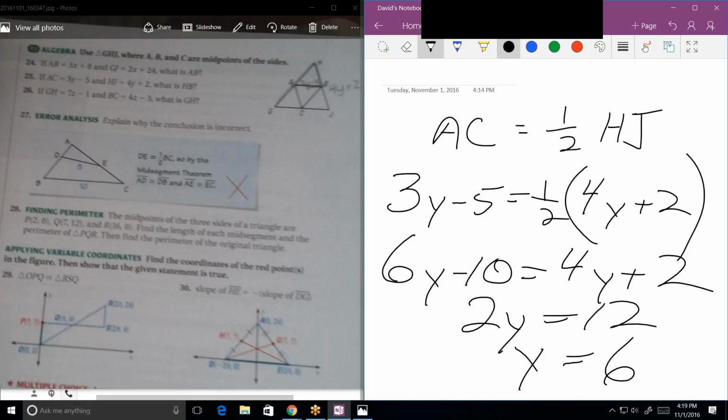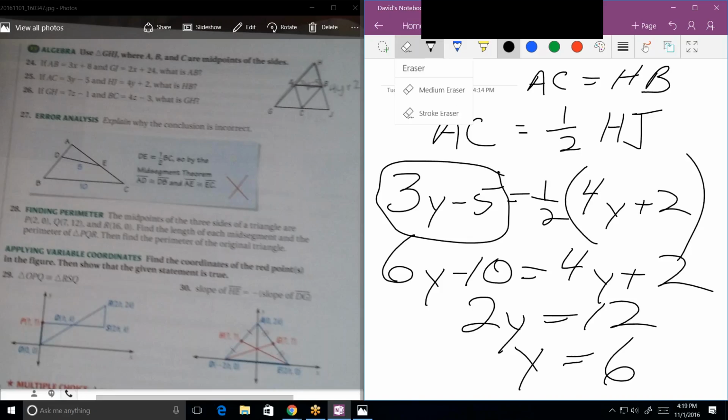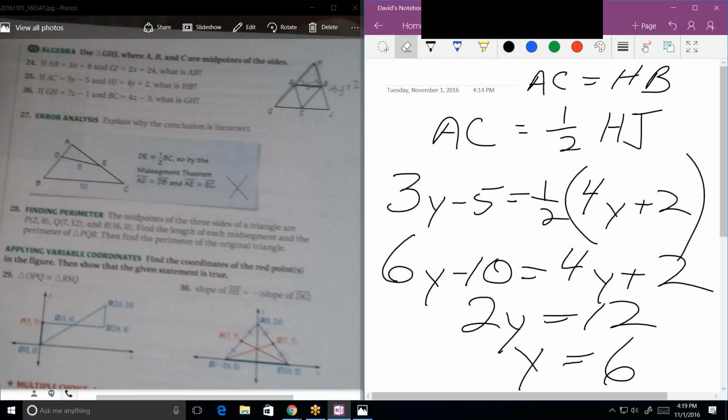Even if, in other words, if I start off saying AC equals HB, I don't really have any place to go, do I? In other words, I can plug in 3y minus 5 for AC, but that doesn't solve for anything. So I kind of have to do this intermediate step that I did, I believe, unless I'm not seeing something here.